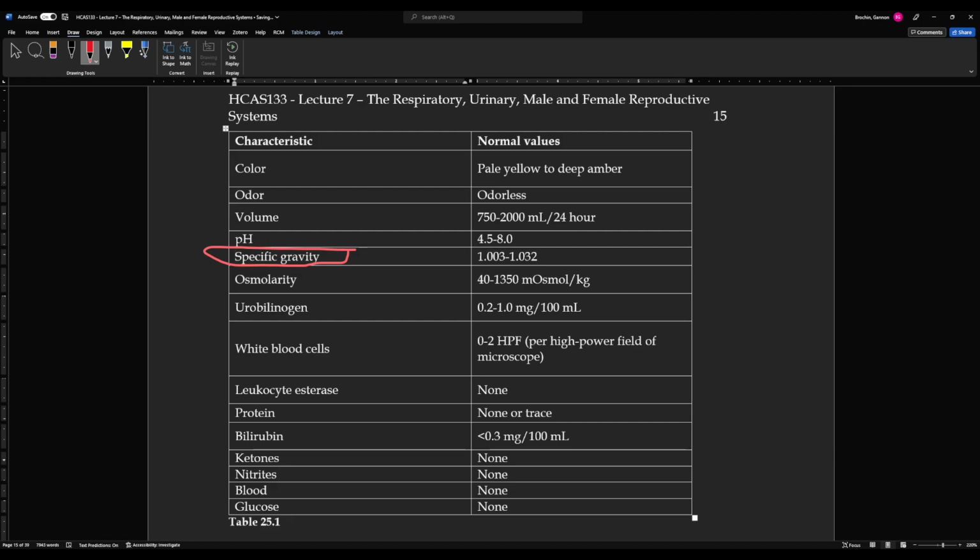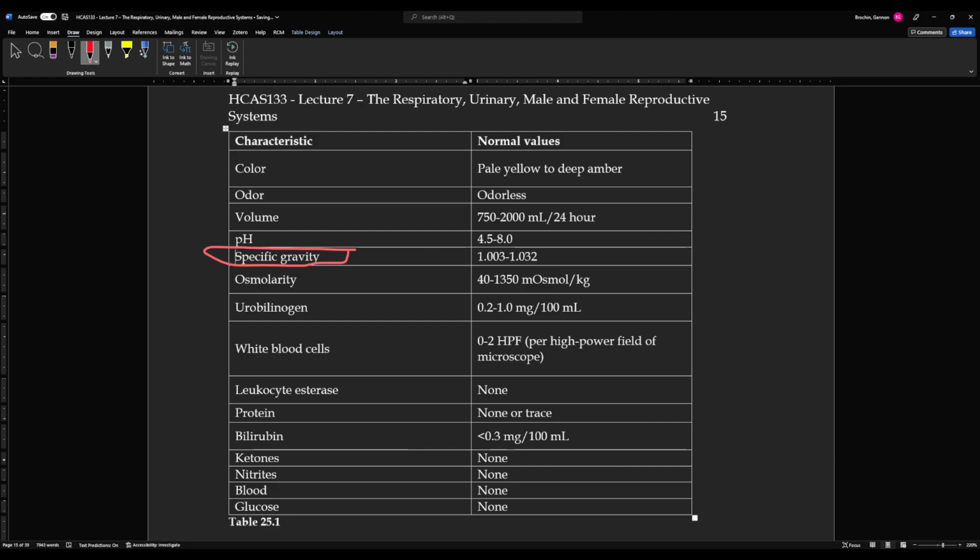Normal water is 1.0. So if someone is fully hydrated, they should realistically never be 1.000, because there will be other stuff within the urine.